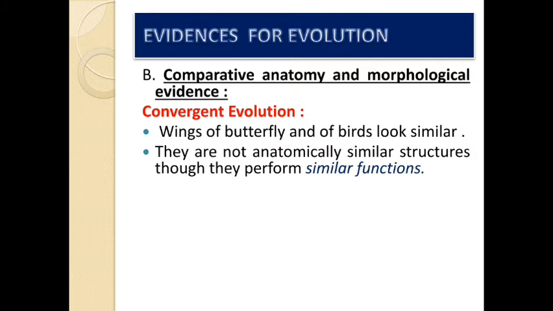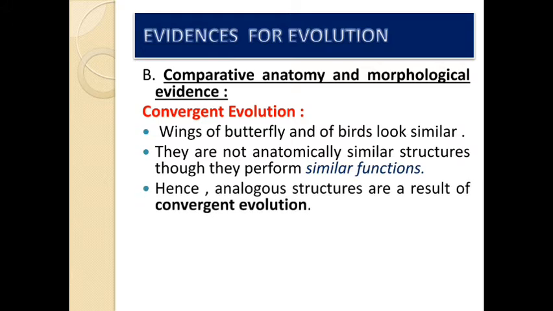So these wings of butterfly and of birds look similar, but anatomically they are not similar, though they perform similar functions. Their functions are similar but their anatomical structures are different. So we may say their origin is different but their functions are similar. Hence analogous structures are a result of convergent evolution.